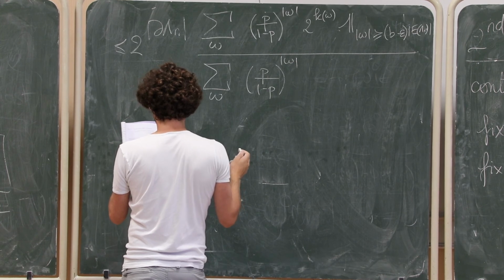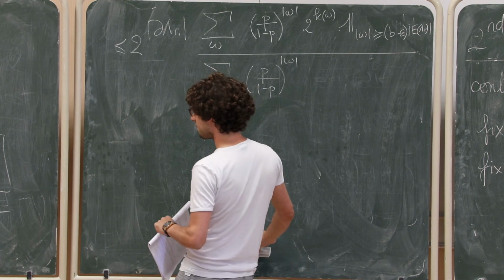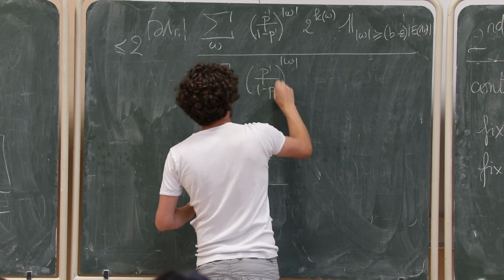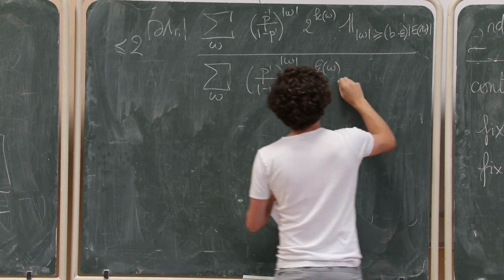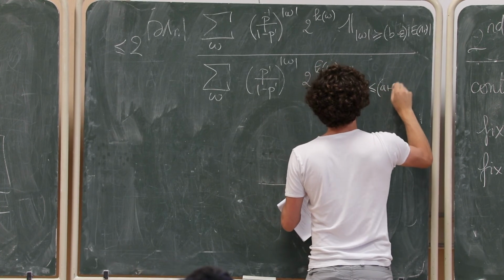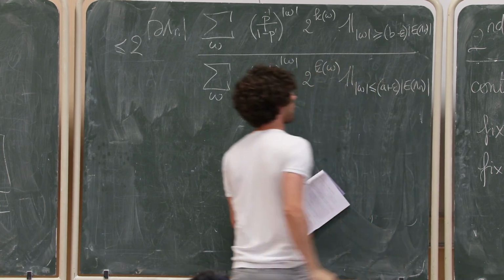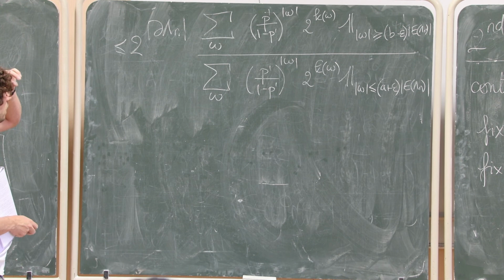What did I do? Oh, sorry, I forgot one line. Oh, actually, I can do it now. Okay. I was a little bit lucky on this one. Okay, it's like that.